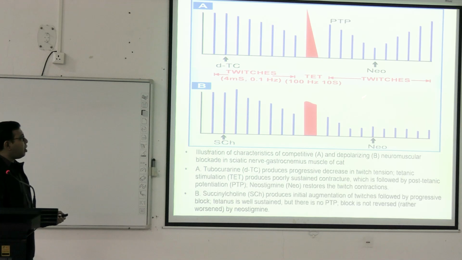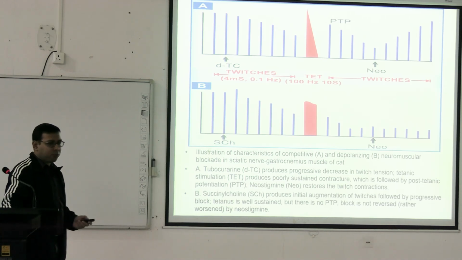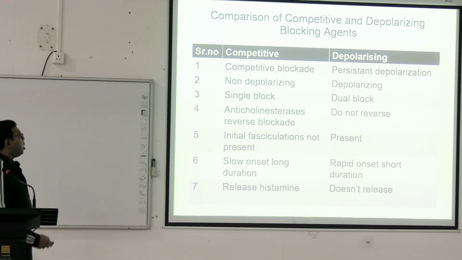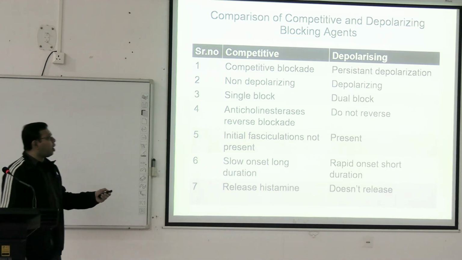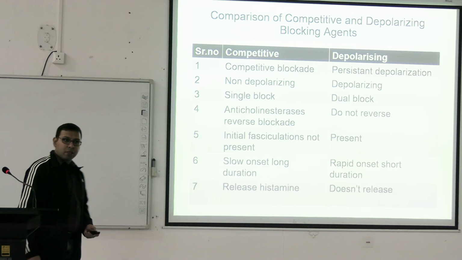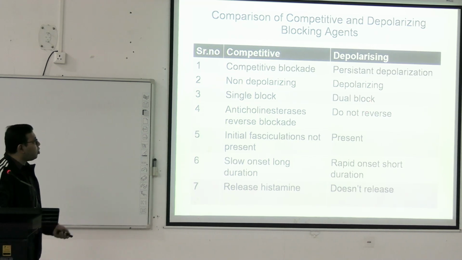By this picture it is clear how these two act on the muscles, by the twitch response. If we compare, the competitive blocker causes competitive blockade, while the depolarizing blocker causes persistent depolarization. This is just revision. One is a non-depolarizing block, the other is a depolarizing block. Usually it is a single block, while the other is a dual block, phase 1 and phase 2.